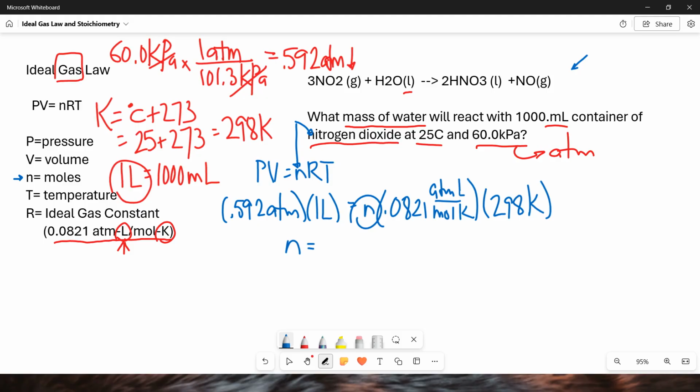So the moles are going to come out to be 0.0242 moles of nitrogen dioxide.